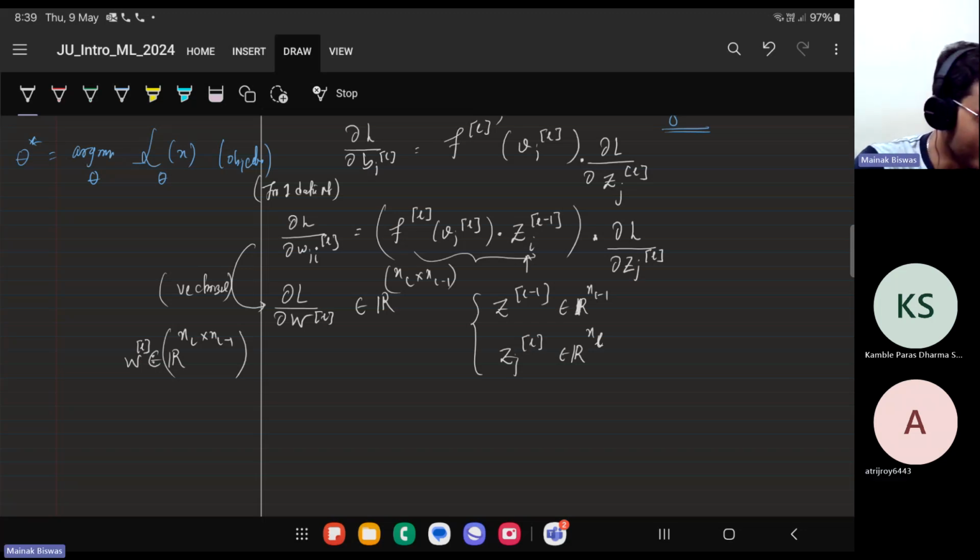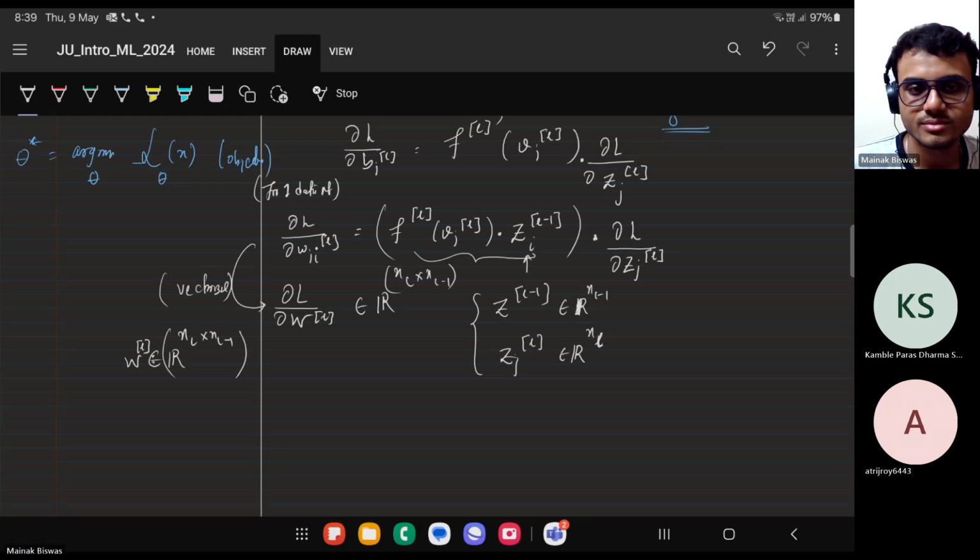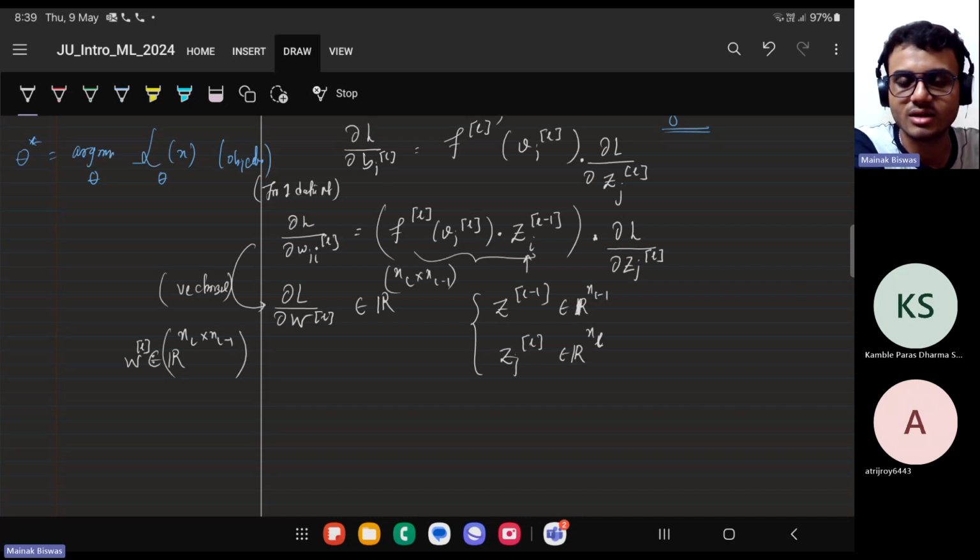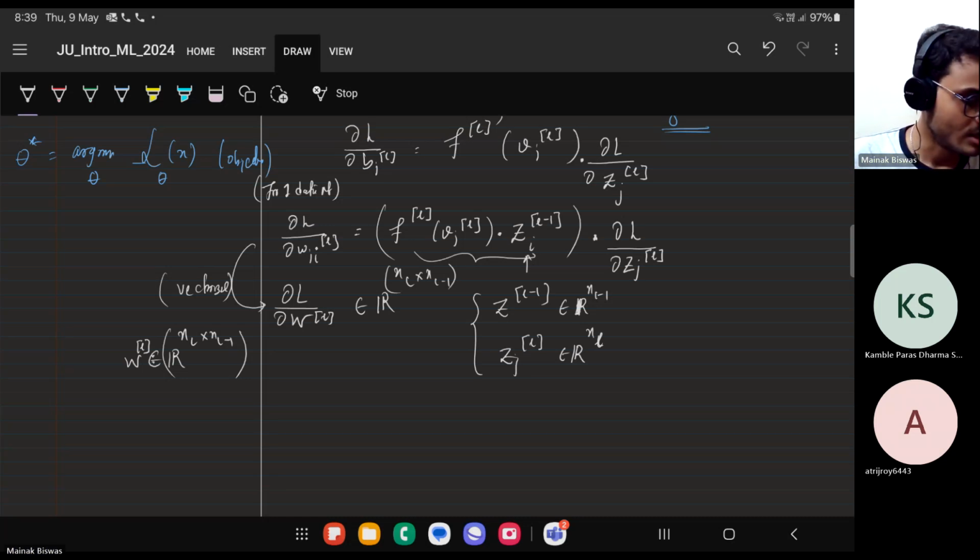So the gradient will also have the same dimension. Do you agree? It has to, because the gradient is the derivative of the output with respect to all of the features, if you take a vector. That's how you define the gradient. It's the stack of all the derivatives. Here I'm going to stack it as a matrix. Doesn't matter really. Any questions?